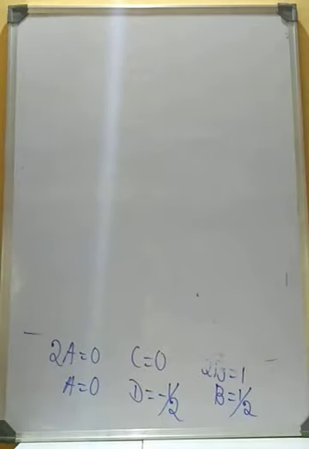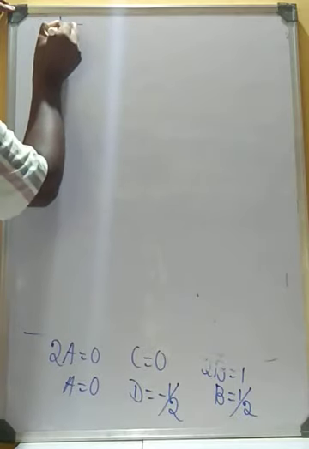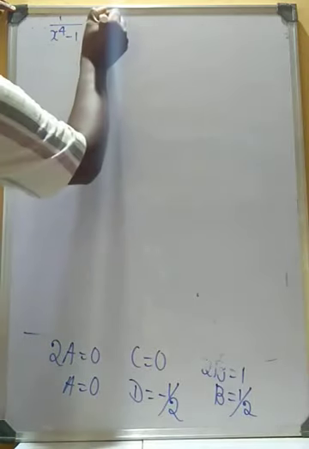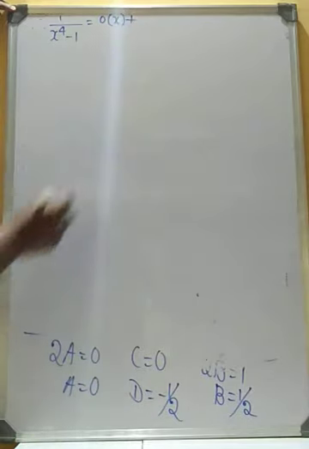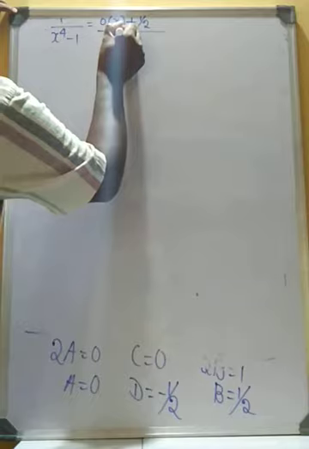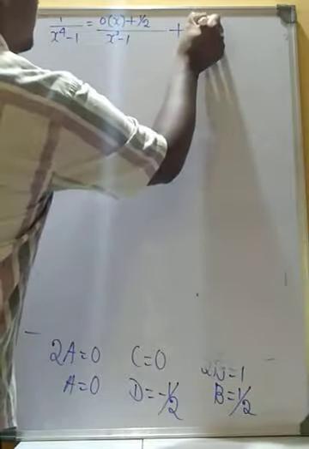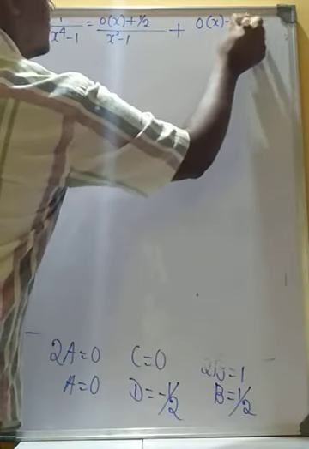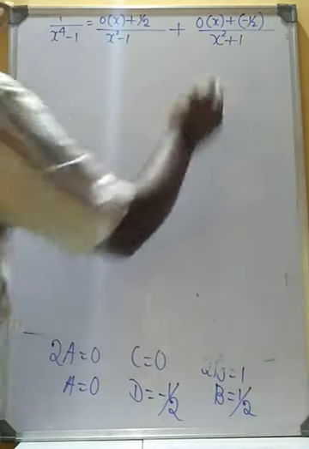Therefore 1 divided by x to the power of 4 minus 1 equals 0 into x plus 1 by 2, divided by x square minus 1, plus 0 into x plus minus 1 by 2, divided by x square plus 1.